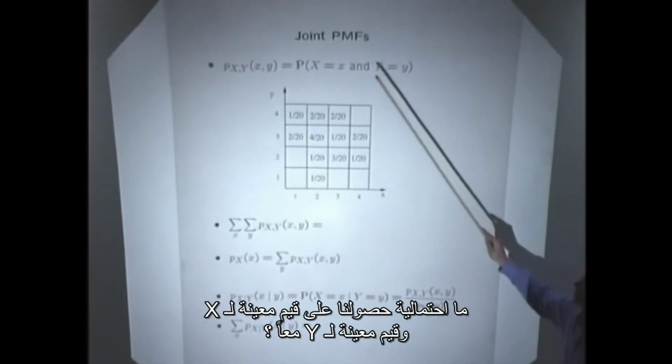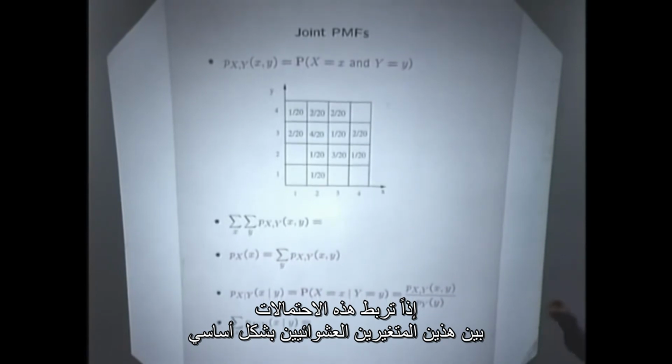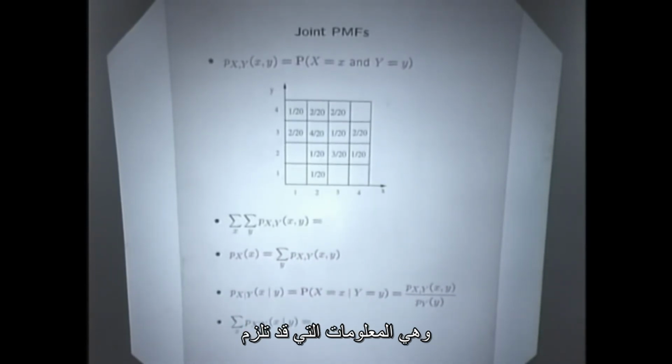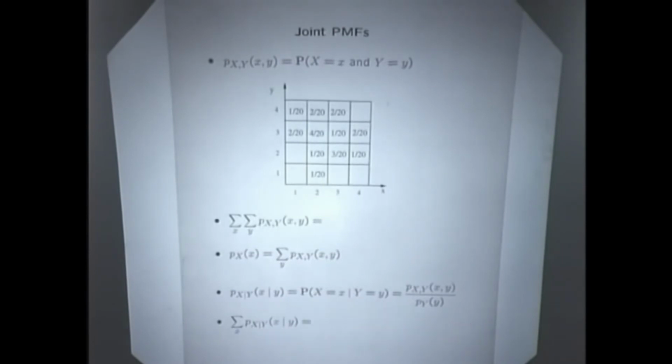How likely is it that certain x's go together with certain y's? These probabilities essentially capture associations between these two random variables, and it's the information I would need to do any kind of statistical study that tries to relate the two random variables with each other.